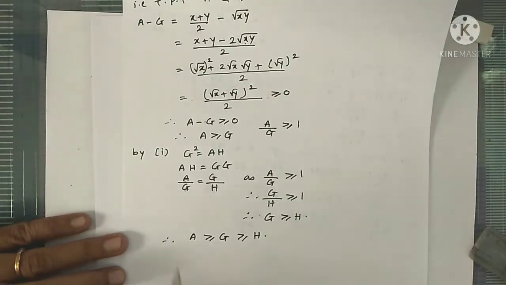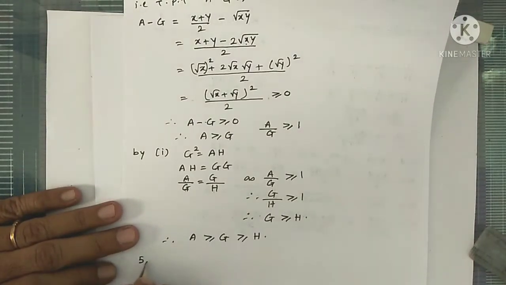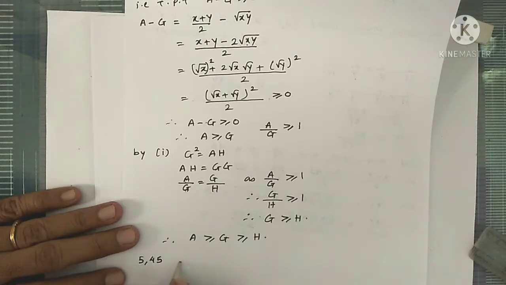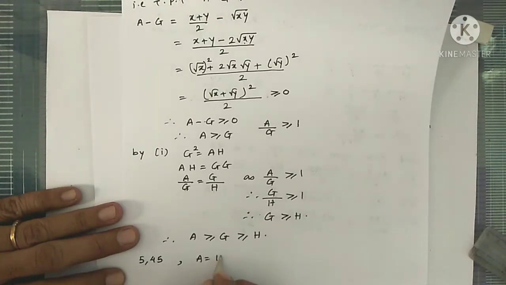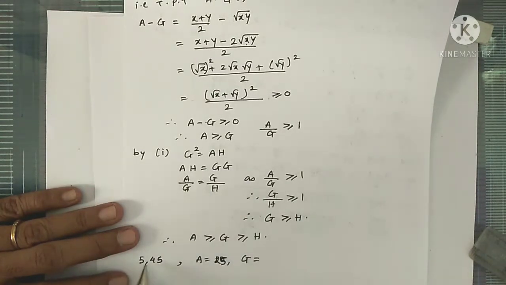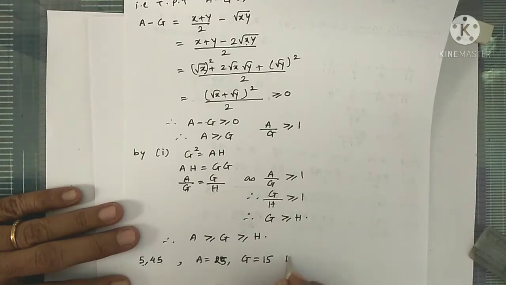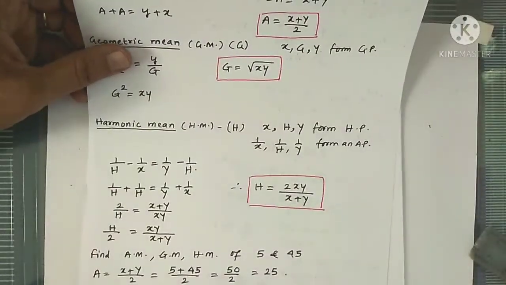See, you can verify this. In this first example, we have those numbers as 5 and 45. Their AM is, adding these numbers, we get 50, and 50 divided by 2 is 25. G is 15. And the last one, harmonic mean, is 9.